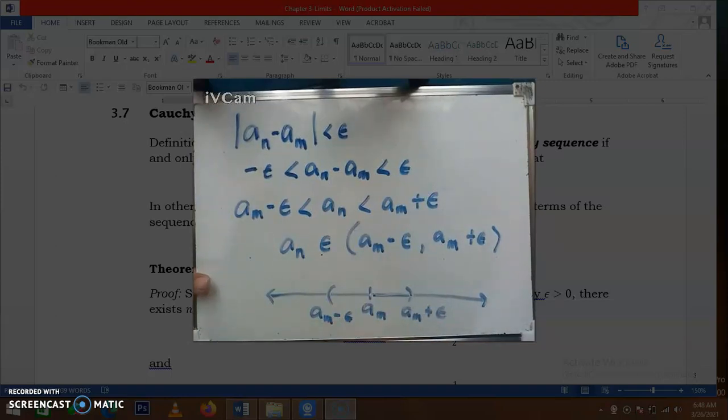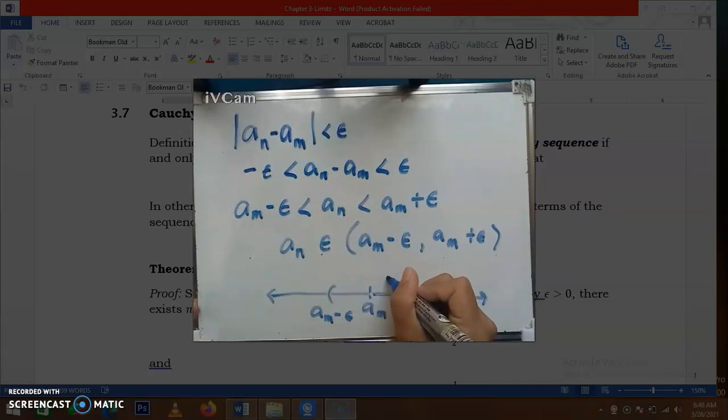Now, in this case, it means that for every open interval a sub m minus epsilon to a sub m plus epsilon, there is a term a sub n within this open interval. So say for example, here is our a sub n.